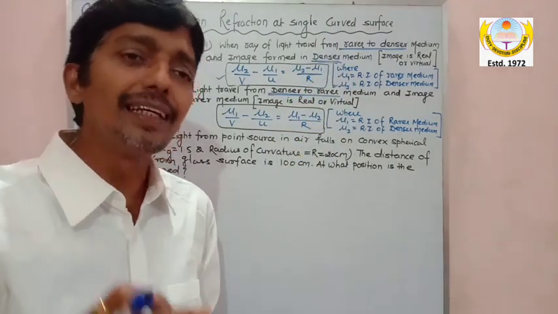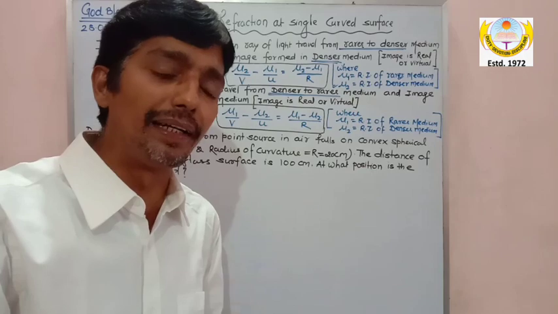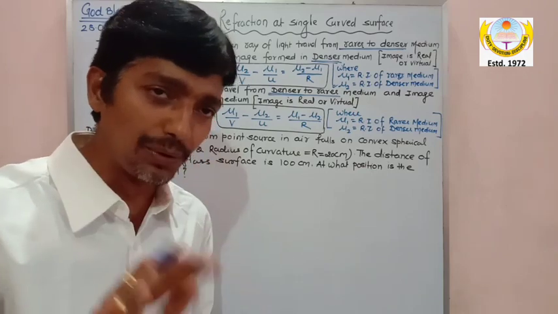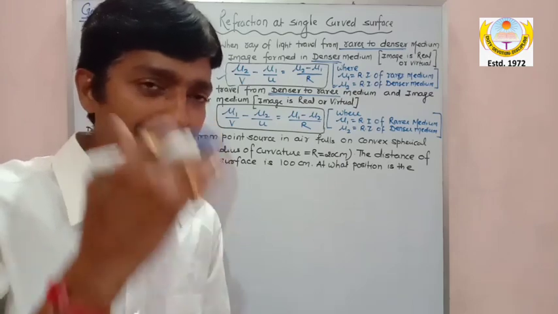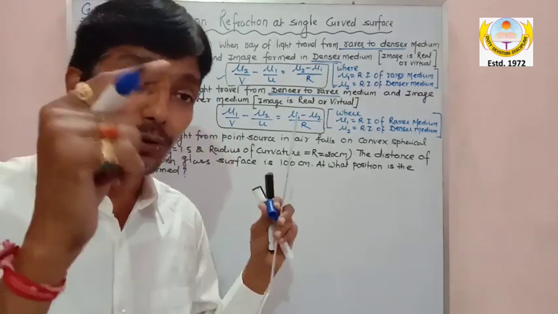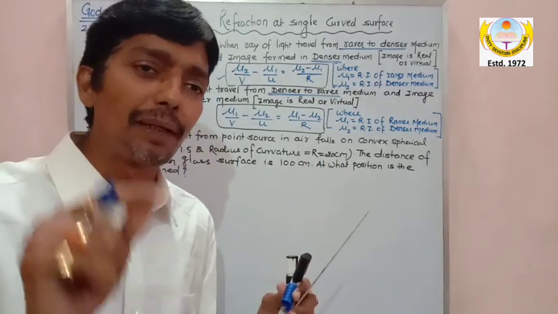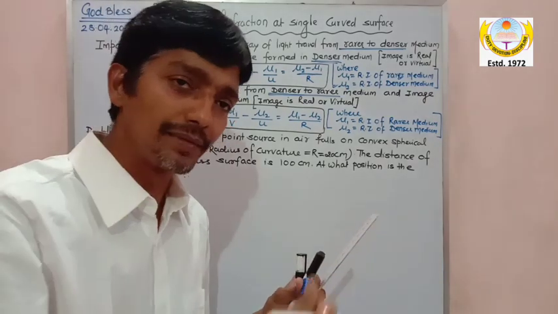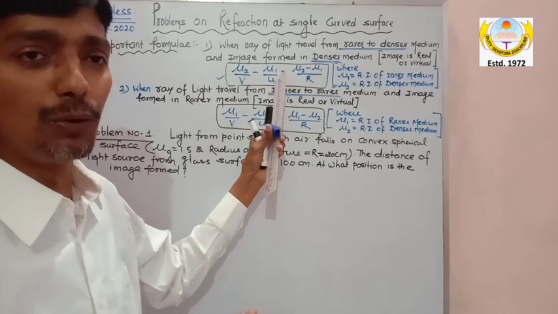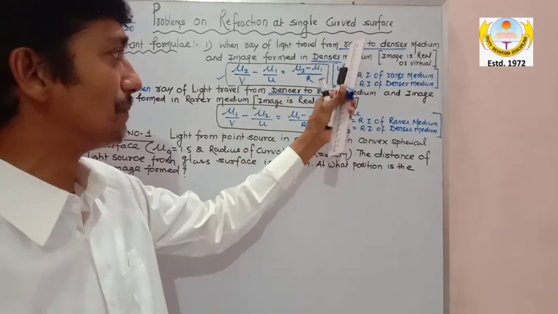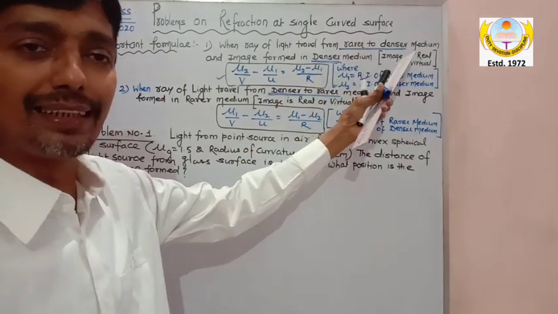So remember this: if the image is formed in the denser medium, the denser refractive index is mu2, and we have to start with the image. So the formula will be mu2 by v. Why mu2 by v? Because the image is forming in mu2 and the object is in mu1. How do you know the object is in mu1? The object is in the rarer medium and the image is in the denser medium.